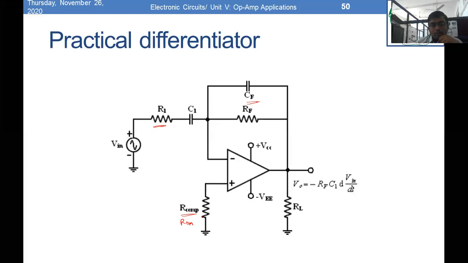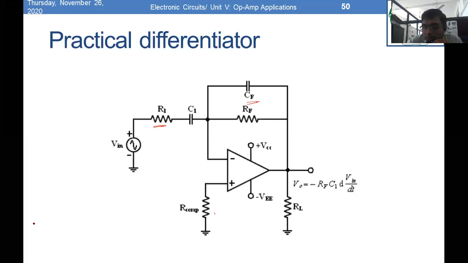It is nothing but the parallel combination of RF and CF, in parallel with respect to the series R1 C1. So this is also a very small value. Okay. So this is the modification that has to be done so that the problem of noise amplification would be sorted out in the case of the differentiator circuitry.